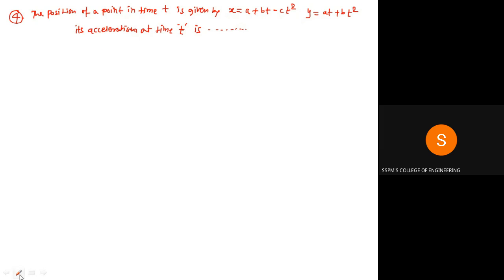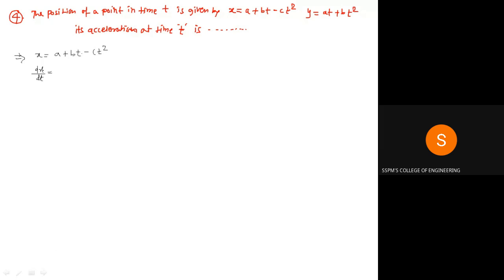Consider here the parametric functions. X equals a plus bt minus ct square. We need to find the first derivative, that is dx by dt.